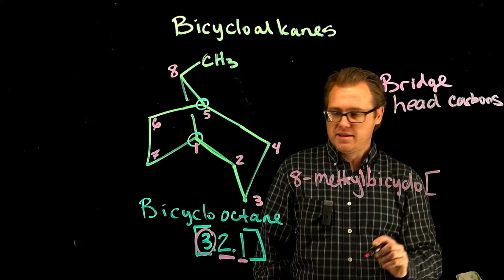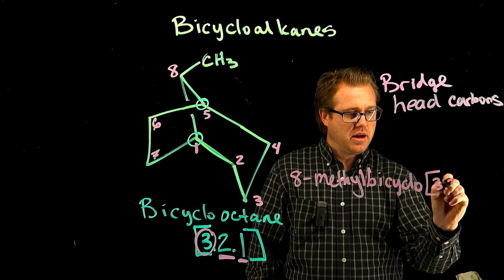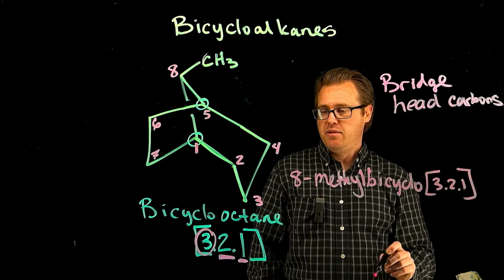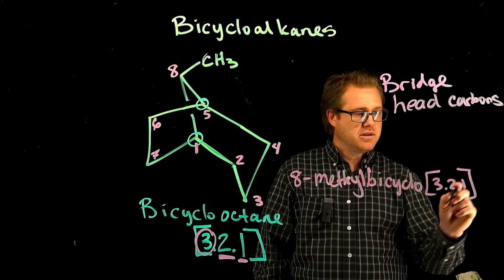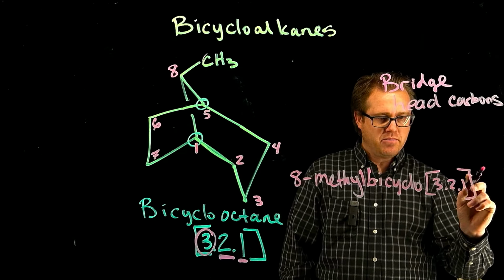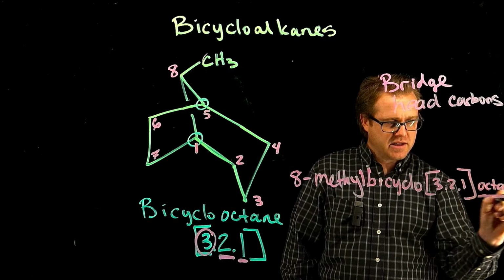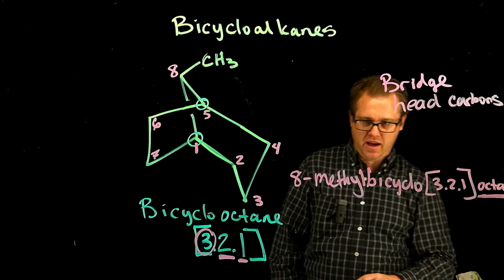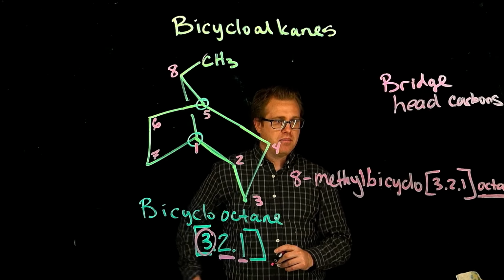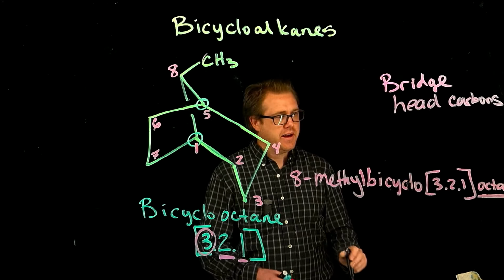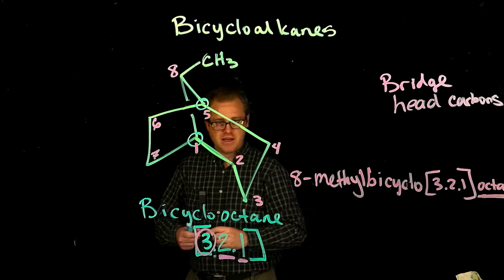Now we have to do the parentheses: 3.2.1, close parentheses, and then it would be what? 8 carbons, so octane. And I'm going to run out of board space. You see that I ran out of space, but that's going to say octane. So 8-methyl bicyclo 3.2.1 octane.